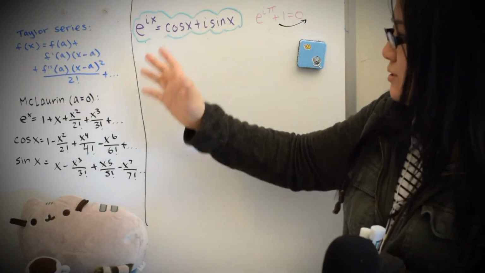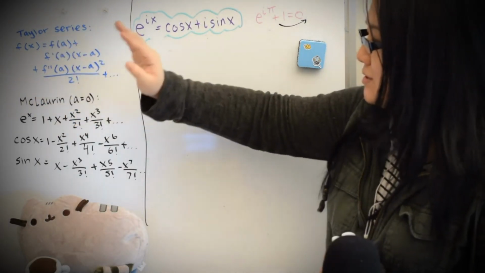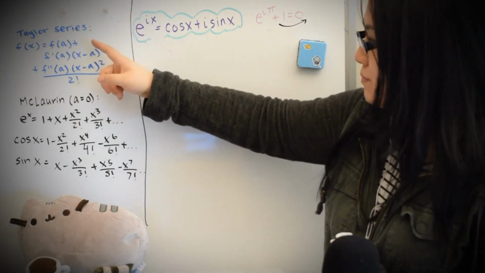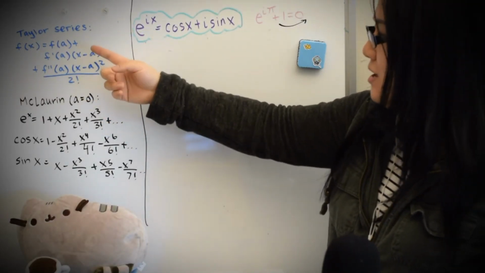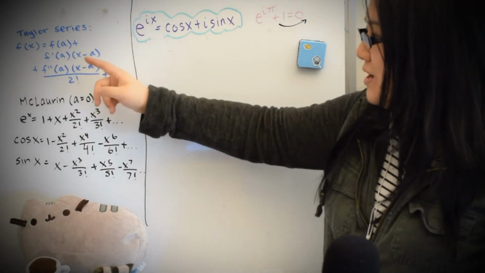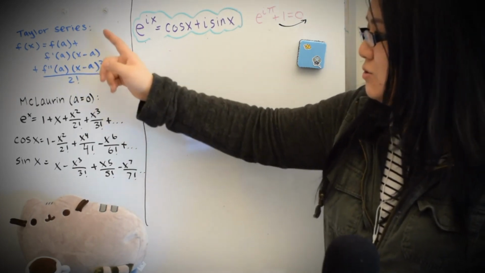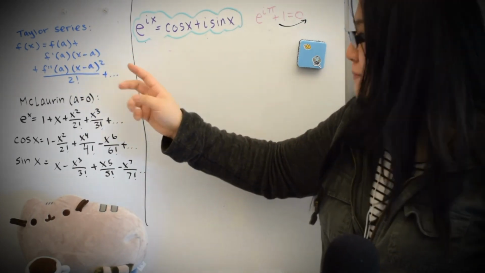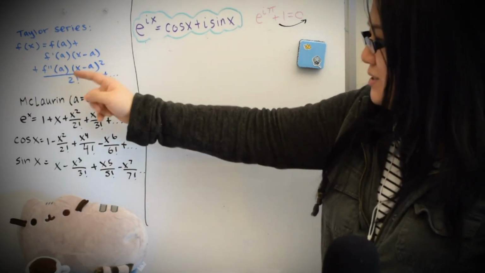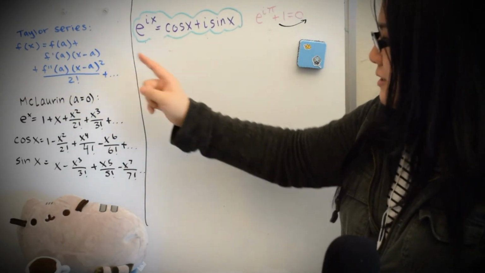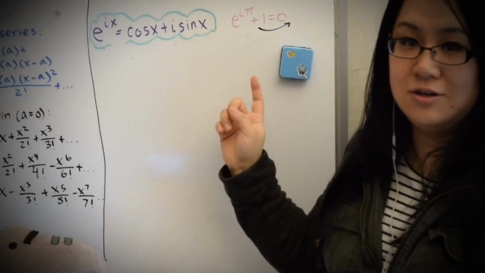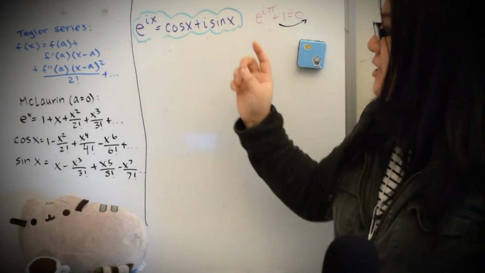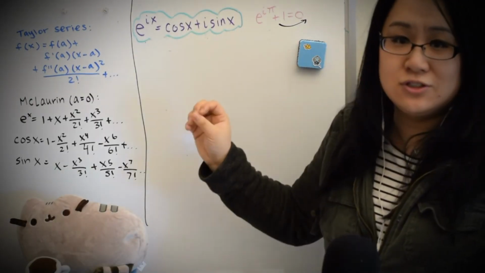So the Taylor series about a point is f of x equals f of a, so the value of the function at the point a, plus f prime of a times x minus a, and those two terms make the linear approximation, but you can keep going. So plus the second derivative at a times x minus a squared over 2 factorial plus ... to infinity. And so that's how you expand a function.